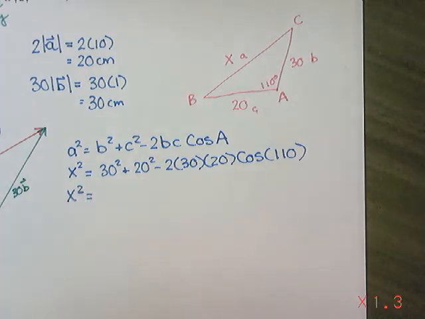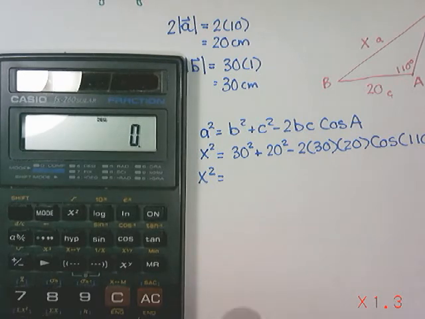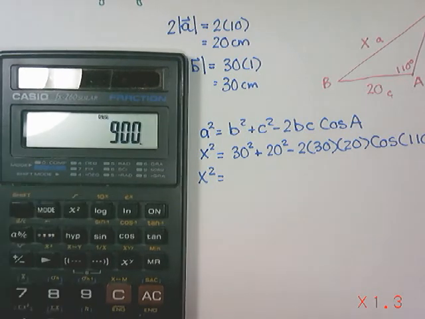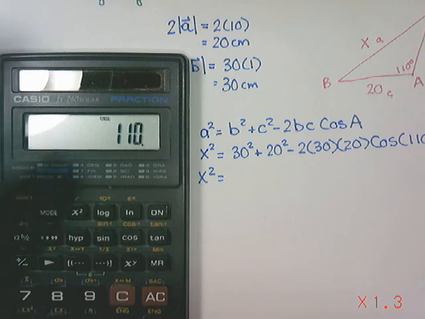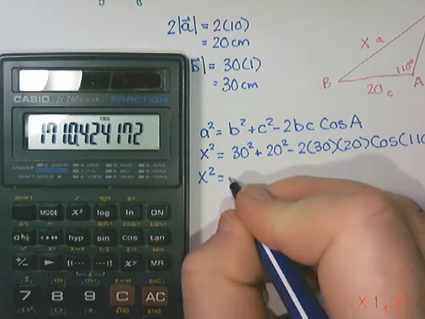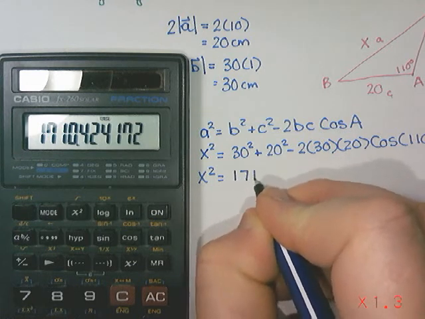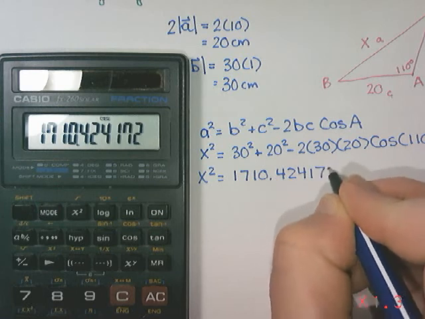I'm going to calculate. So 30 squared plus 20 squared minus 2 times 30 times 20 times cosine of 110 equals 1,710.424172.